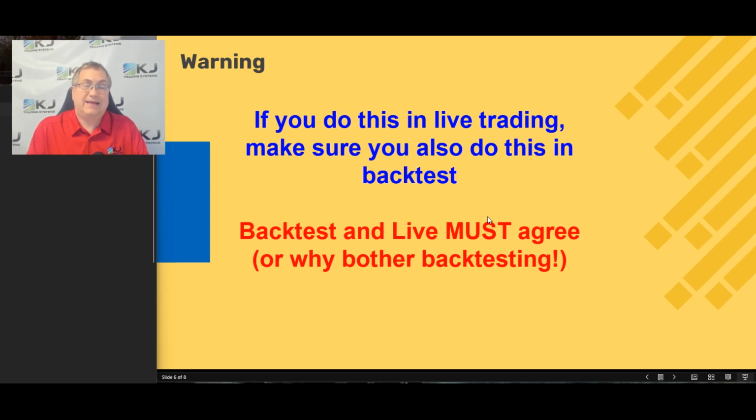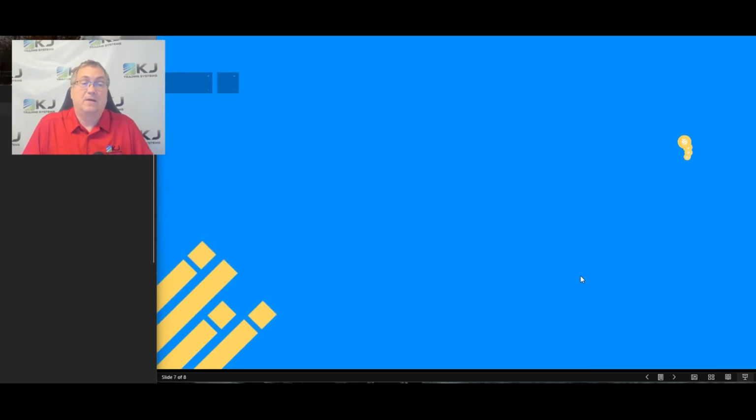Well, now your backtest is going to be somewhat inaccurate because it included you trading all during August. So you want to be consistent. If you're not going to trade live during that month, set up your backtest to not trade during that month. It's as simple as that, but you've got to realize that backtests are only useful if you do the same thing live. So watch out for that.